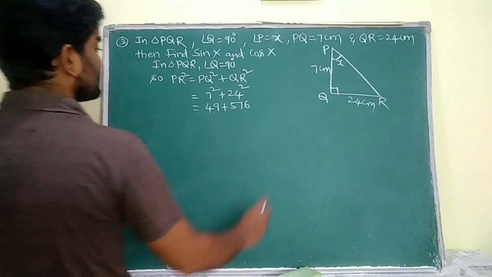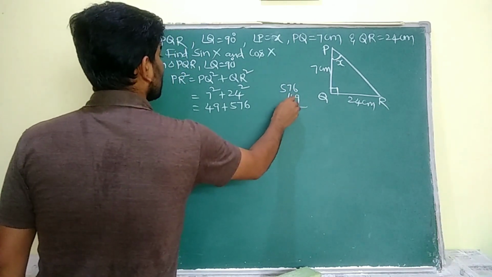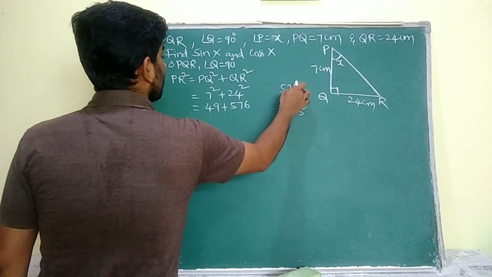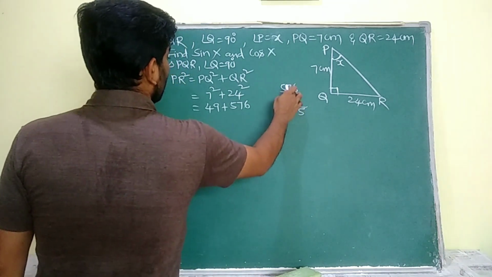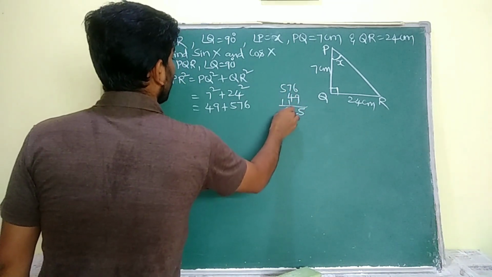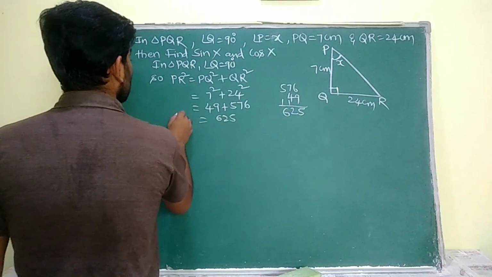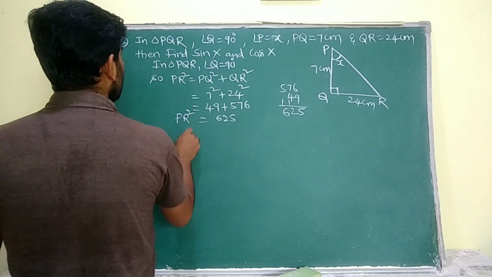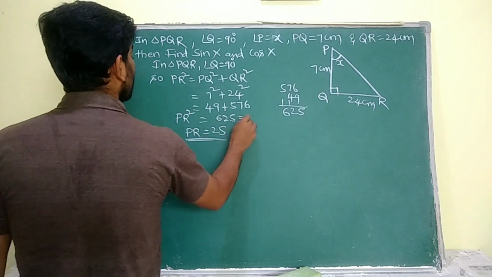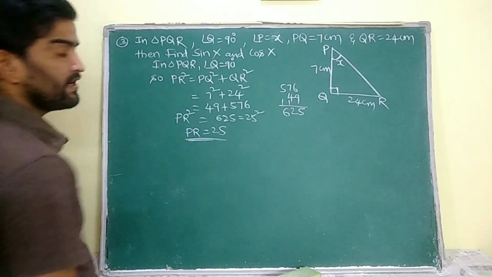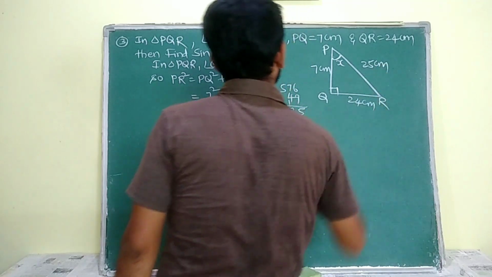Now see, this 576 and 49, just add these two together. It is, see ma, 6 plus 9, it is 15, and it is 11 plus 1, 12. Okay, and 625. That is equal to, see ma, PR square is equal to 625. Then PR is equal to 25 centimeters. Why? Because it is 25 square ma. So this PR is obtained as 25 centimeters.